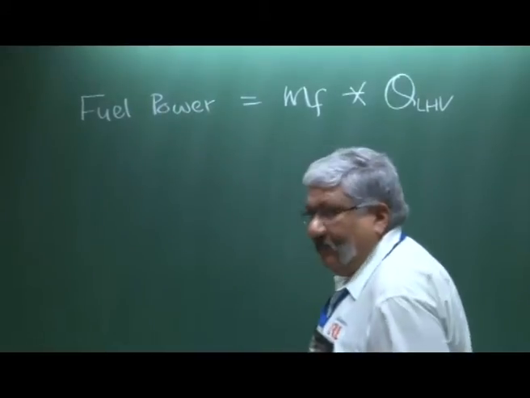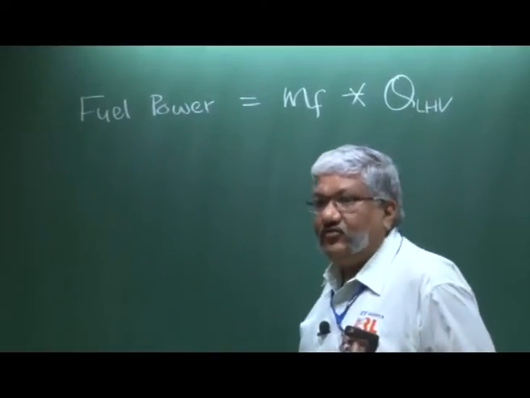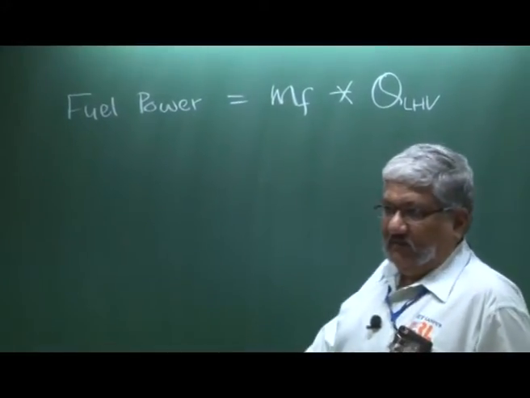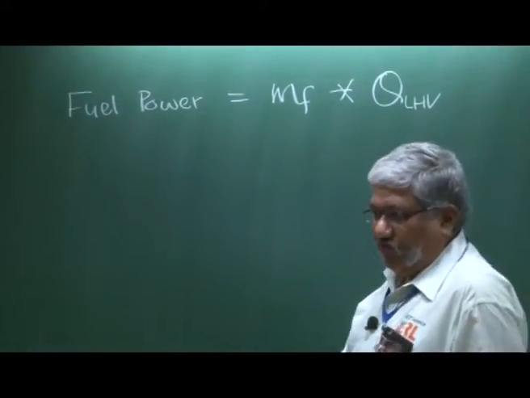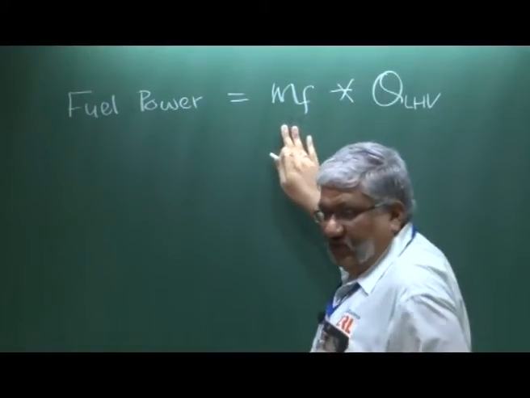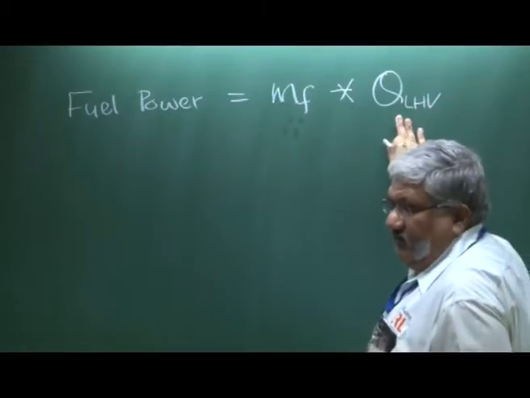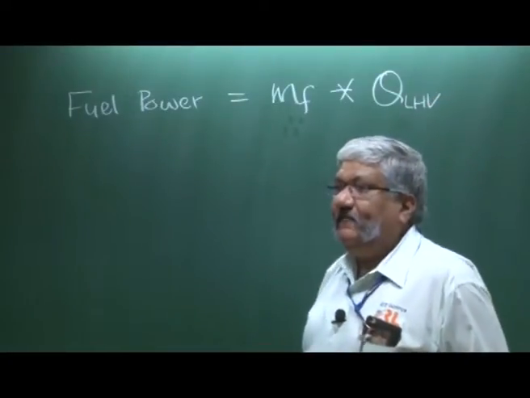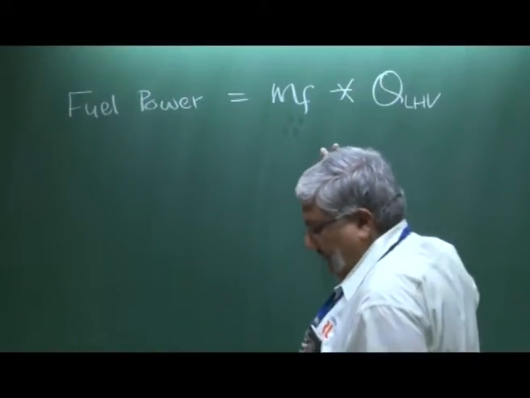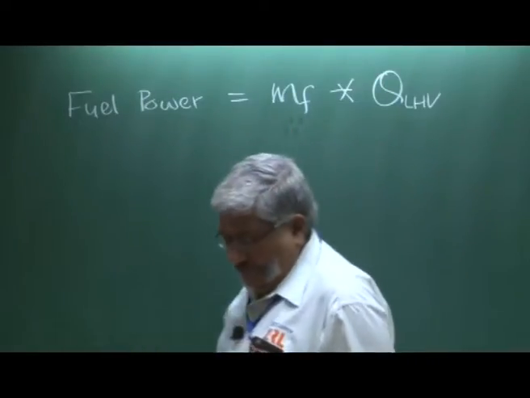What is MF? MF is the mass of the fuel that I am putting in. Suppose you want fuel power per minute or per second or per stroke, you can define it that way, so depending on that, the definition of MF will change. QLHV is the lower heating value of the fuel. So this is how you define the fuel power.